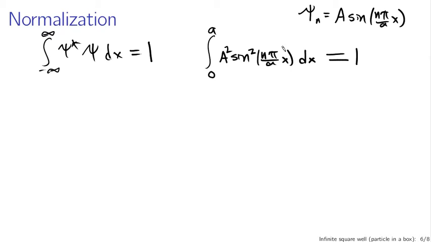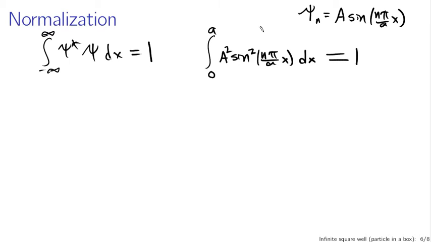Now, integrating sine squared over an interval like this, you need to be a bit careful that the interval you're integrating over has a certain minimum number of cycles. In this case, it has a specific integer number of cycles.